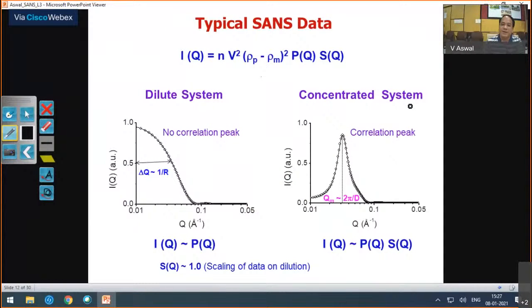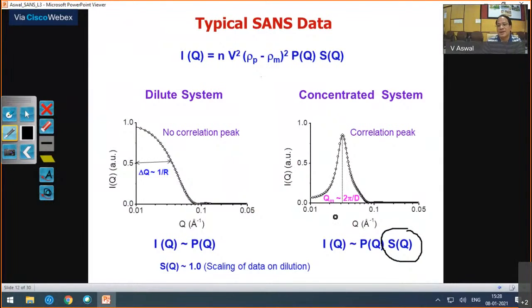And when you have a concentrated system, then you see a peak in the scattering pattern, which is coming from your S(Q), the structure factor. This peak typically comes around 2 pi by d, where d is the distance between the particles. So in small angle neutron scattering, what you are seeing is the interparticle structure factor, not the intraparticle structure factor.